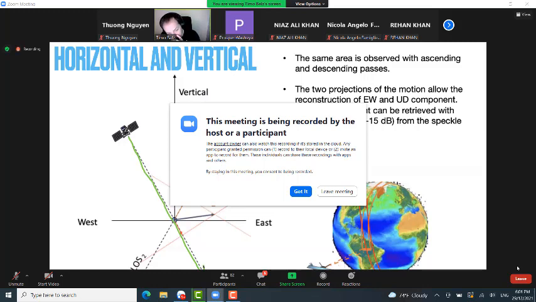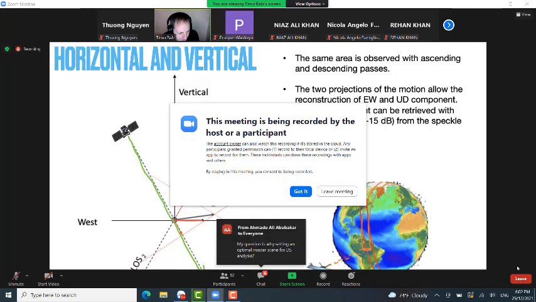So we know there is some motion, a motion that goes away from the sensor or toward the sensor. But we don't really know if we have a subsidence here or horizontal motion. Because if we have our point on the ground, it could move in this way, or it could move down.